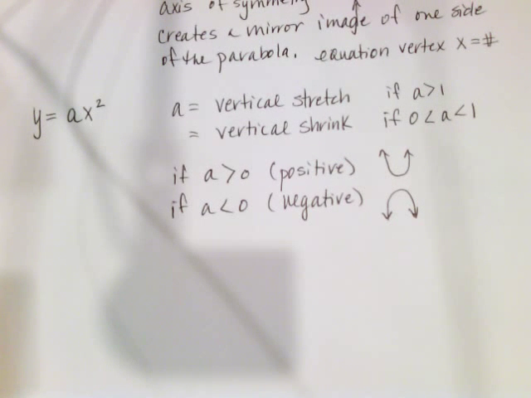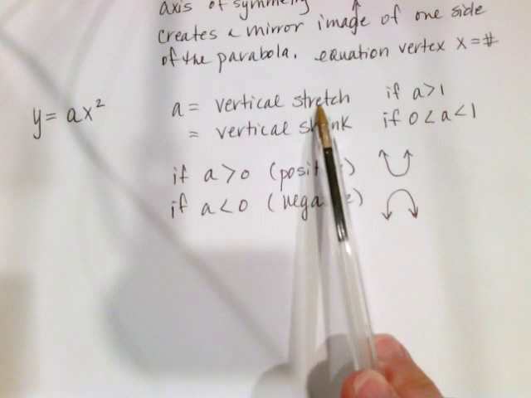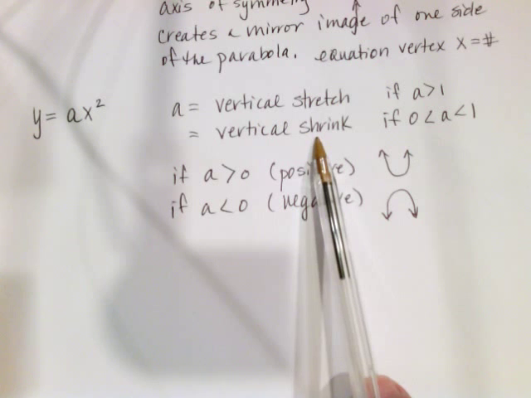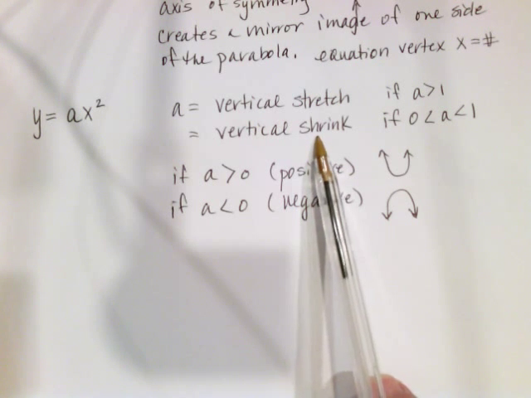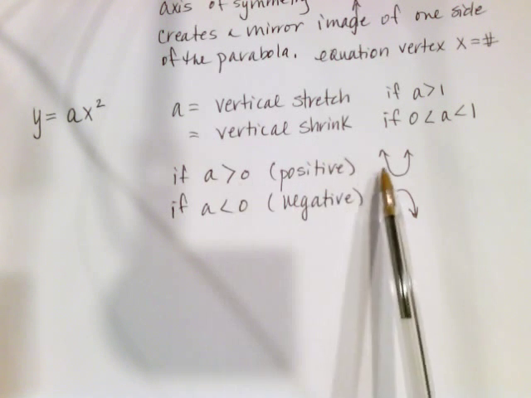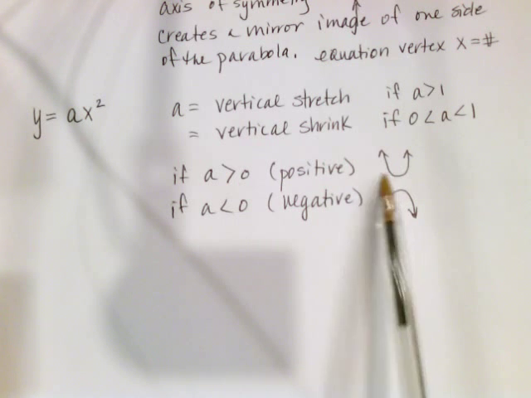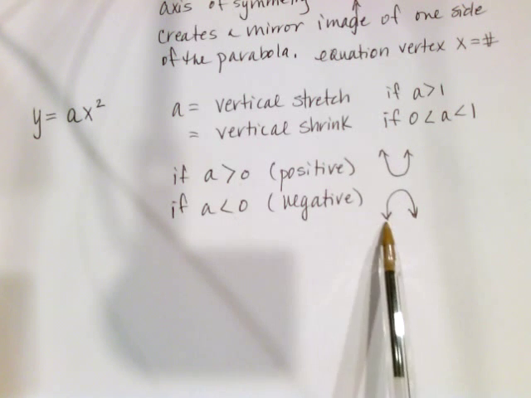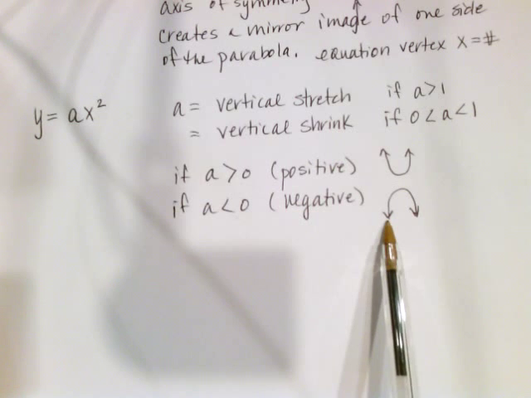All right? So that's our basic information and what a controls. So a controls your vertical stretch or your vertical shrink, depending on the value of a. And if a is positive, it makes the graph go up, and if a is negative, it makes your parabola go down.